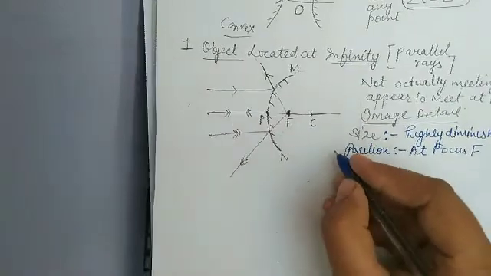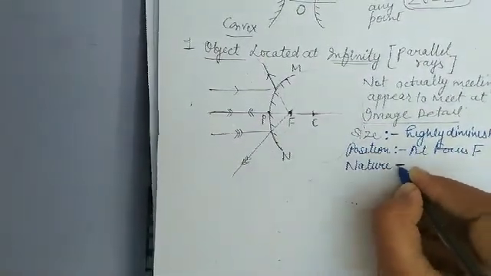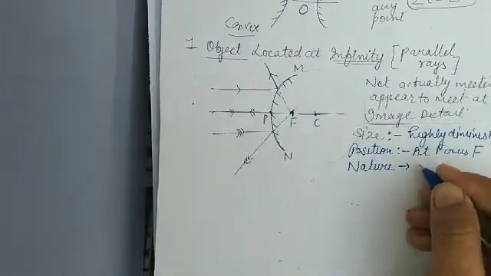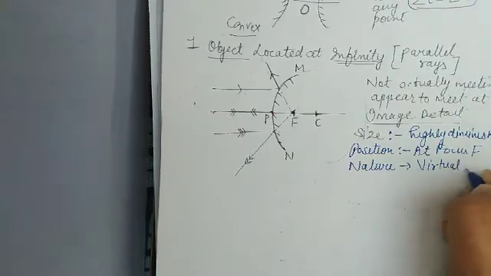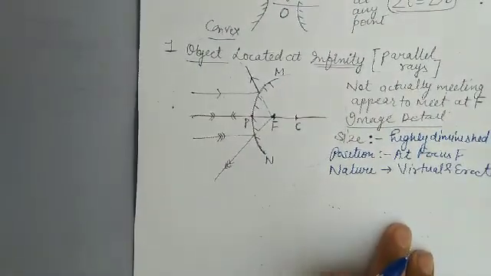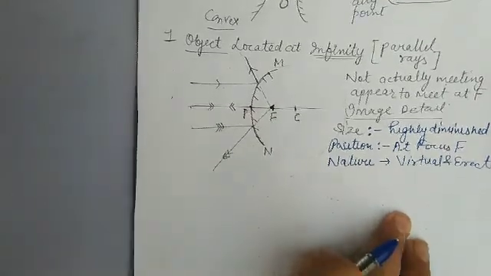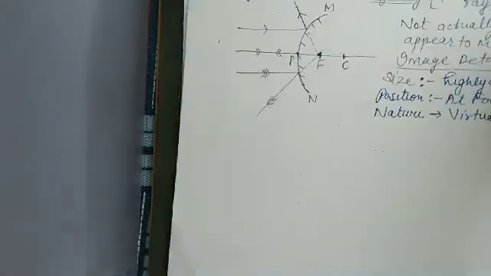And the third one is what is the nature of the image? Nature means real or virtual. It is a virtual image, virtual and erect. Okay, so these are the image details for the object located at infinity.